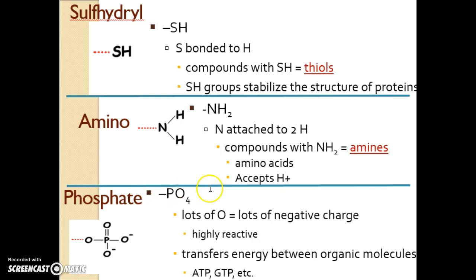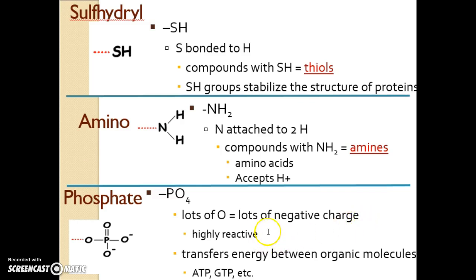So the phosphate is our last group here, and that's the PO4. The PO4, again, is a very important molecule in biochemistry. Because of these 4 oxygens around the phosphate, we have a lot of electronegativity.